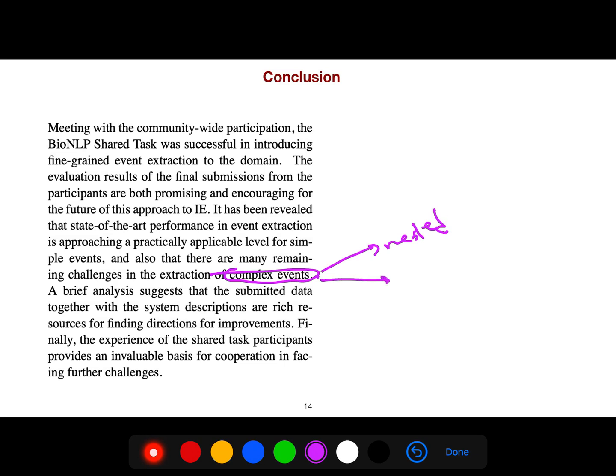A brief analysis suggests that the submitted data together with the system descriptions are rich resources for finding directions for improvement. Finally, the experience of the shared task participants provides an invaluable basis for cooperation in facing further challenges.